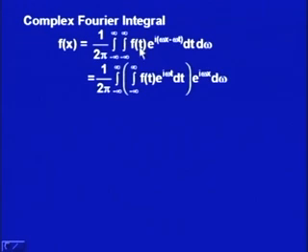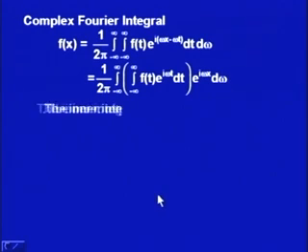So, first the integral, because both omega and t are coming over here, we would write it here. It is f t e to the power minus i omega t dt, into e to the power i omega x d omega, now this is a function of omega only because t has been integrated out.